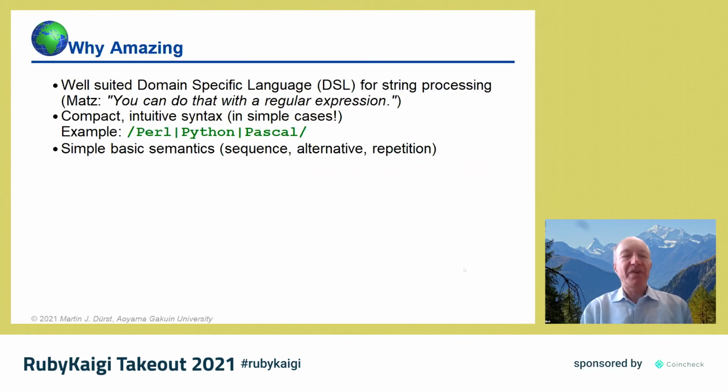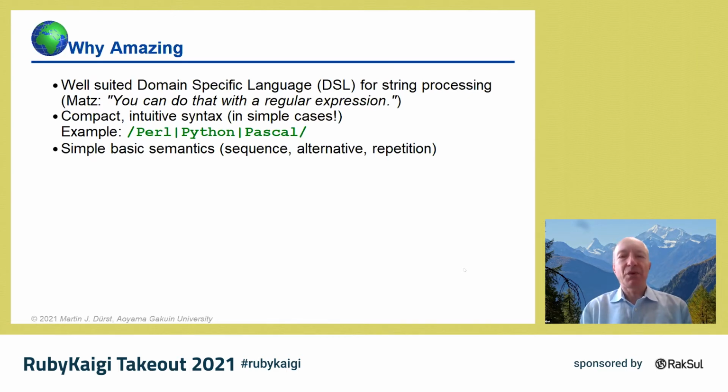Okay, so why are regular expressions amazing? Well, regular expressions are a domain-specific language, a DSL, well suited for stream processing. For Ruby, we often talk about domain-specific languages in Ruby itself, with classes, methods, and so on. But regular expressions are a very specialized language with a very different syntax.